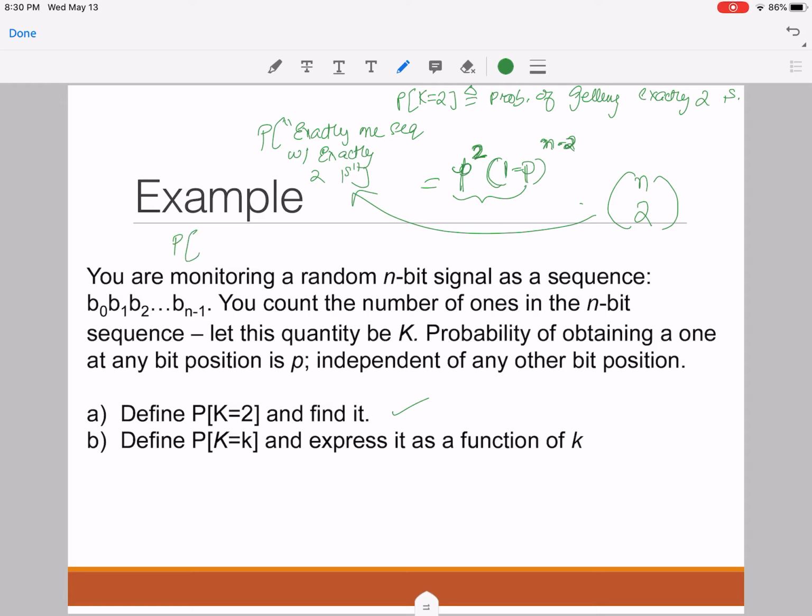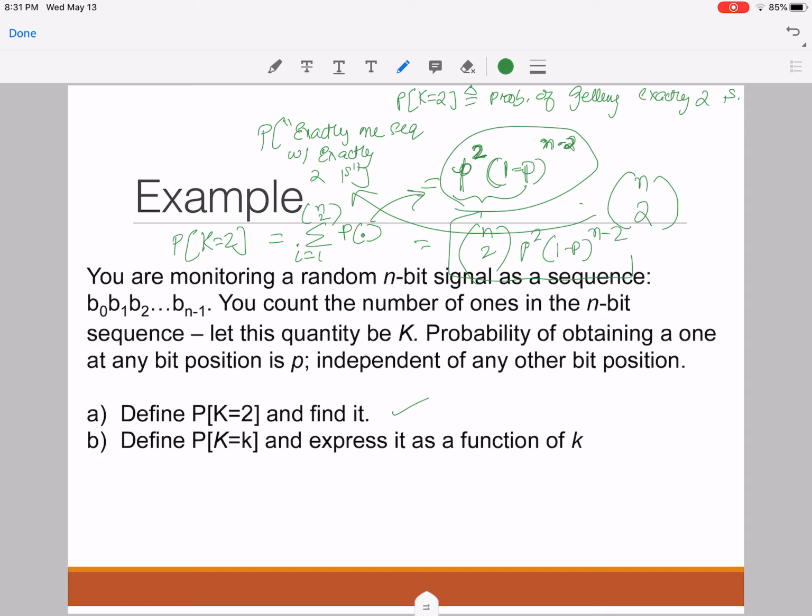So the probability of k equals 2 is the summation of the probabilities of those n choose 2 sequences, each equal to p squared times 1 minus p to the n minus 2. If I add this term n choose 2 number of times, I get n choose 2 times p squared times 1 minus p to the n minus 2.